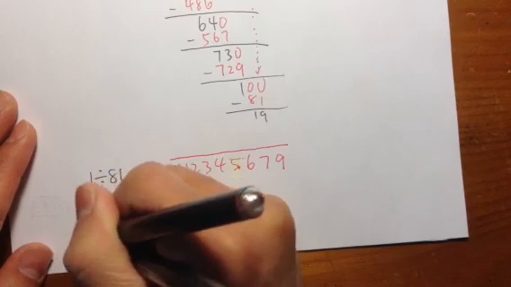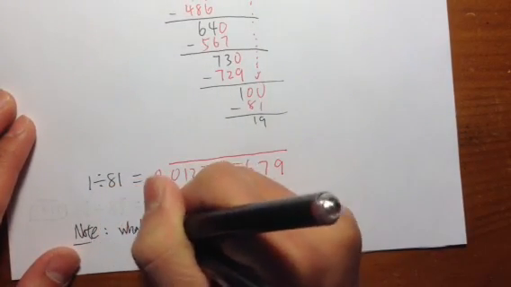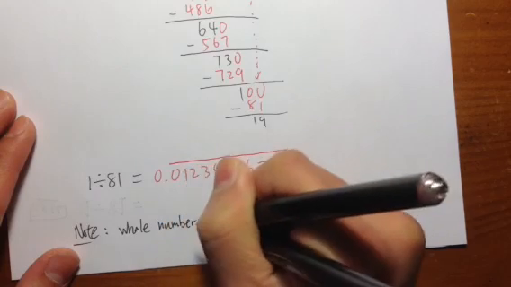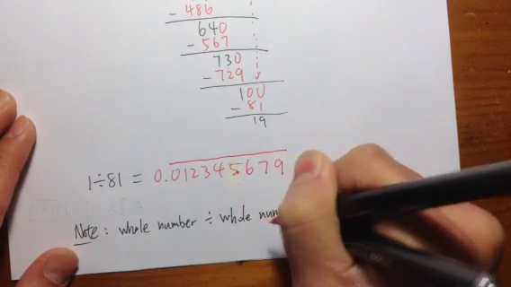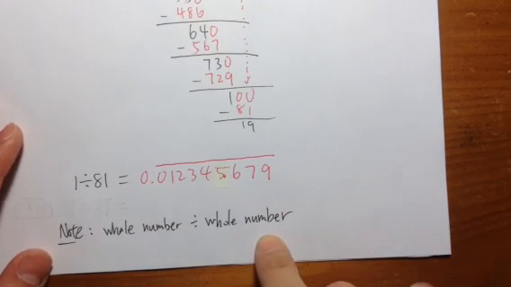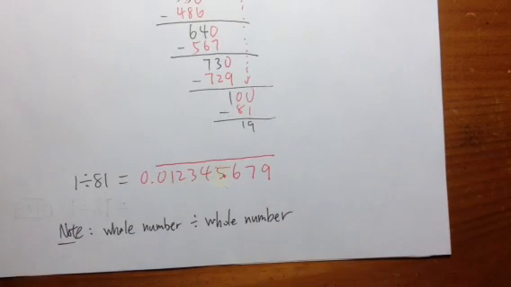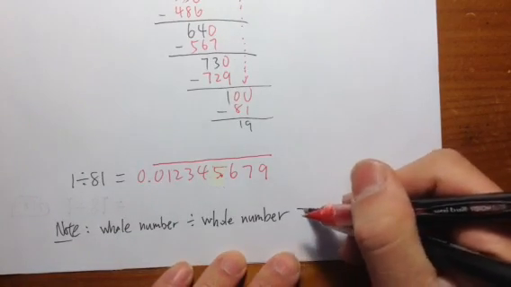So another note for division: when you have a whole number divided by a whole number, and let's say this is not 0, otherwise it's a meaningless question, you have two cases.